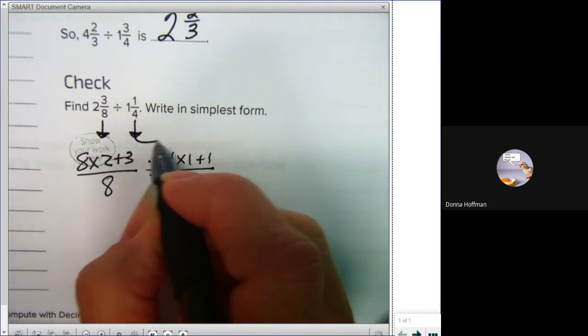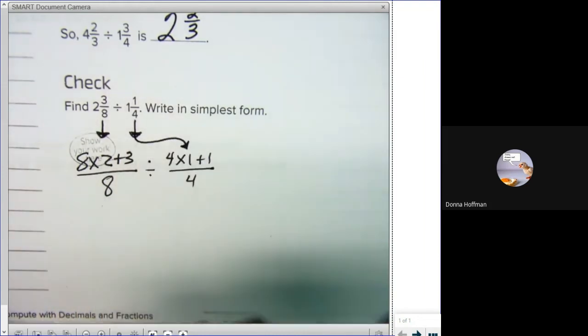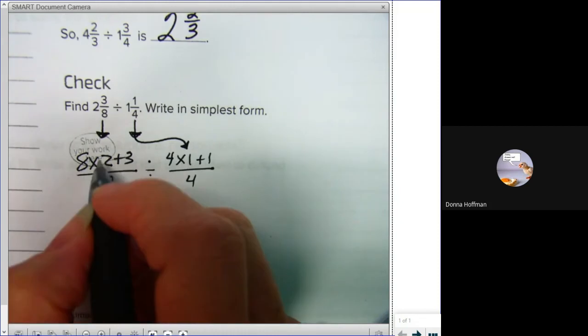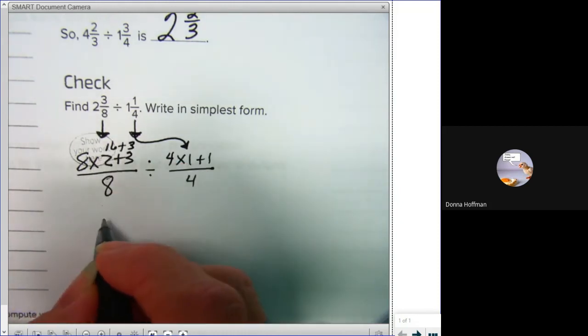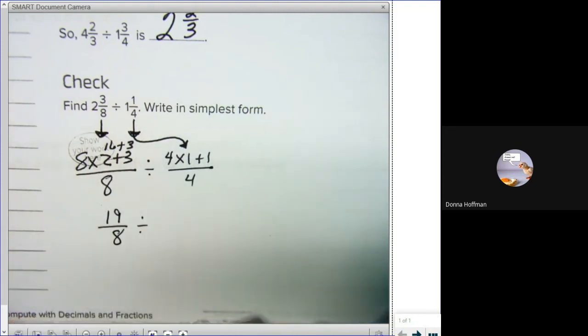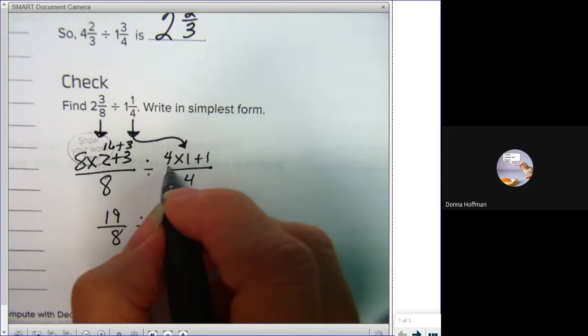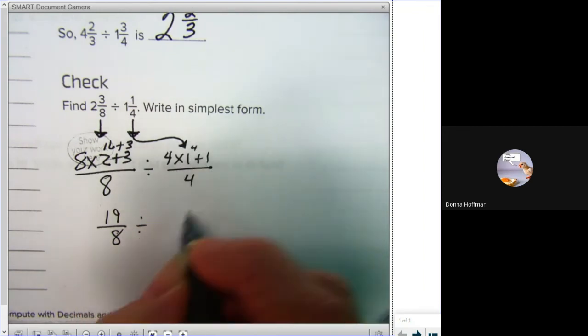I guess I should do this. There we go. 8 times 2 is 16 plus 3, so that's going to be 19 over 8. And then 4 times 1 is 4 plus 1 is 5 over 4.